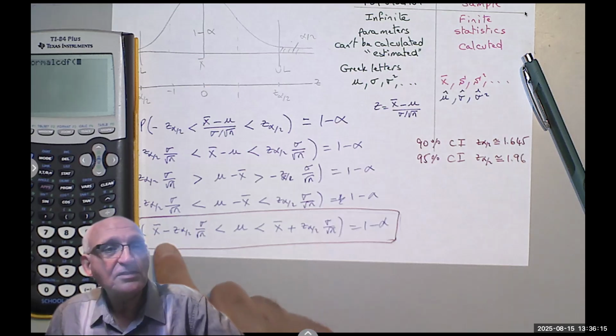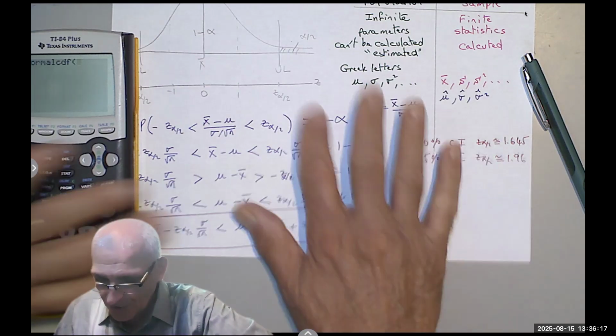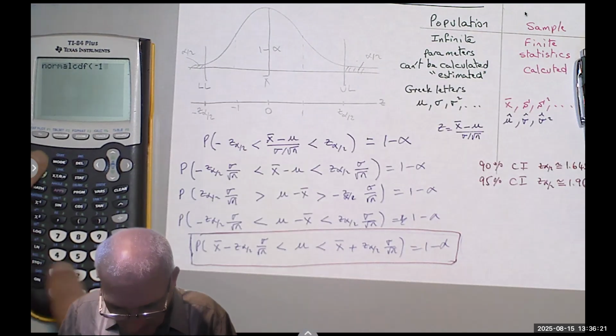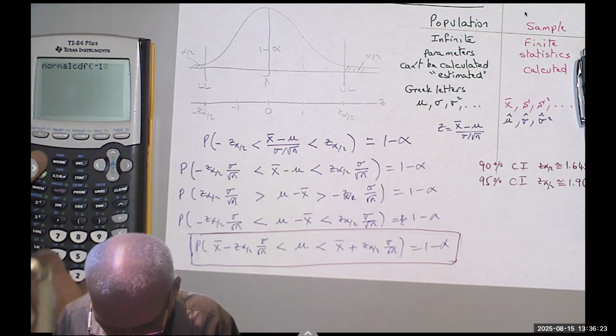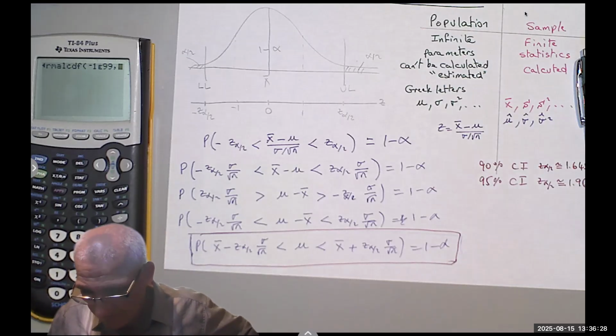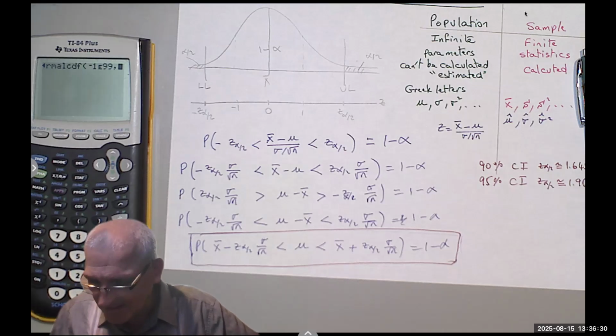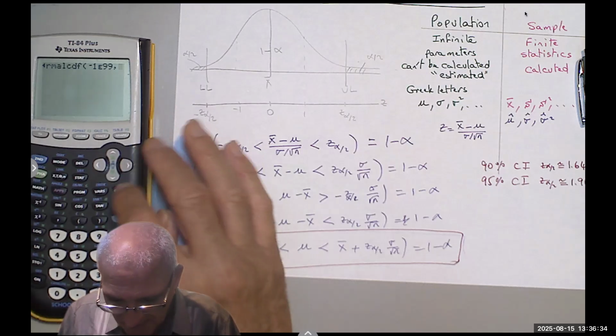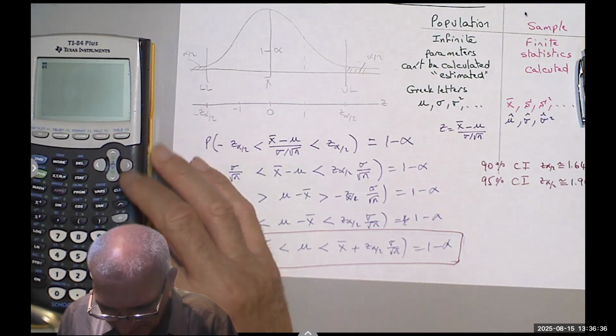You want the lower limit. You know, the lower limit here is negative infinity. Remember we said negative 1E99. No, but here if you know the number, let's do the probability. Okay, let's do the cumulative.